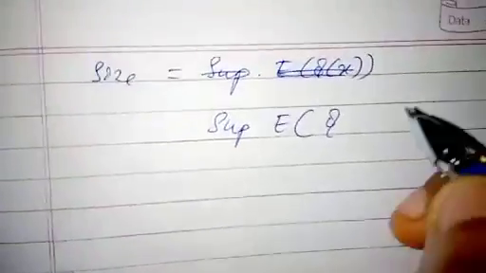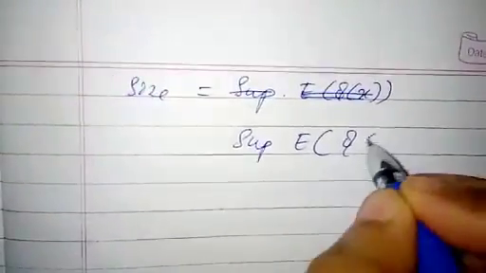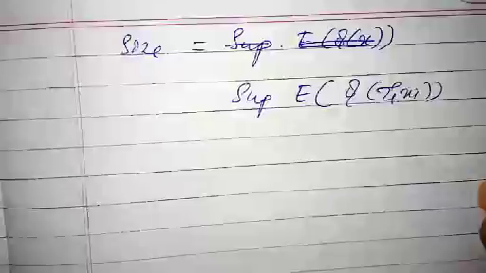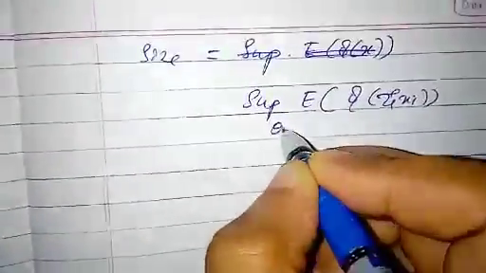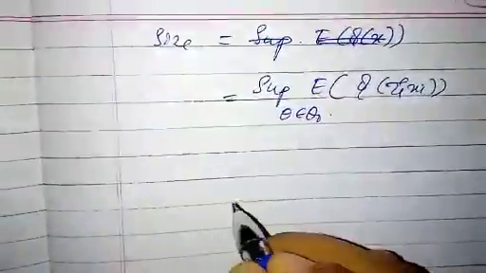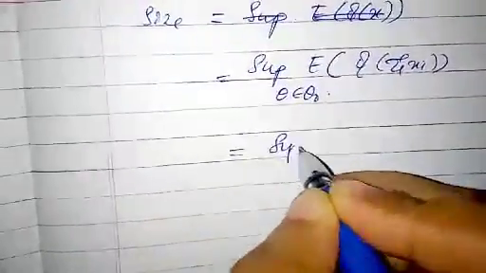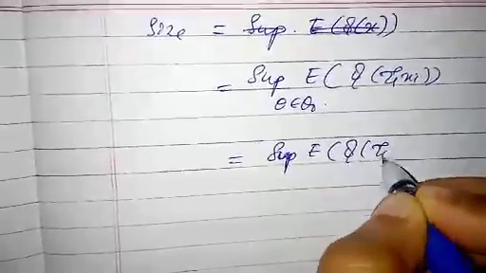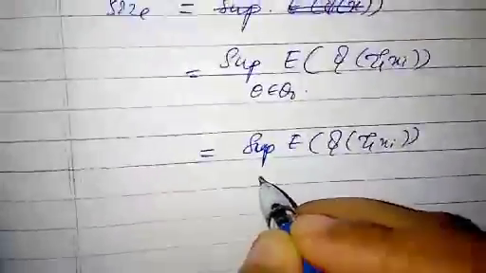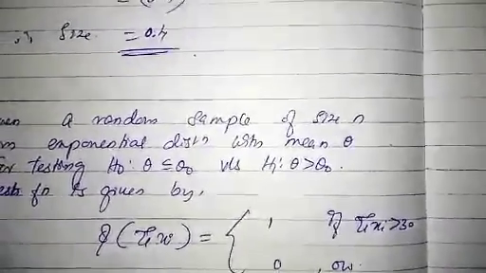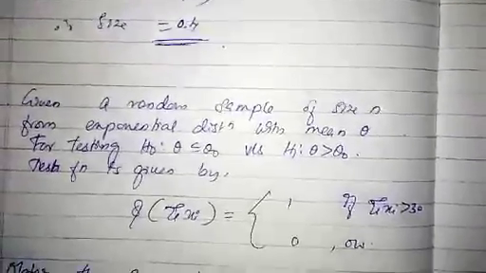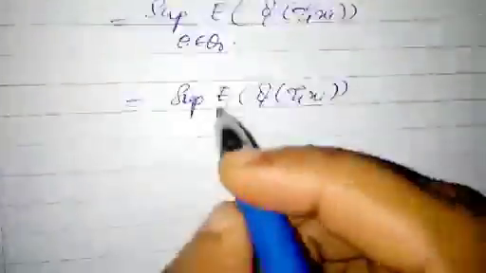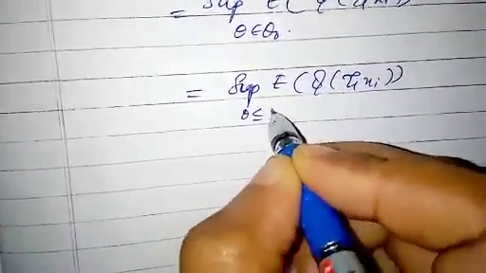So the supremum of the expectation of phi of summation xi, under theta belonging to theta naught. And what is H naught here? Theta is less than or equal to theta naught.